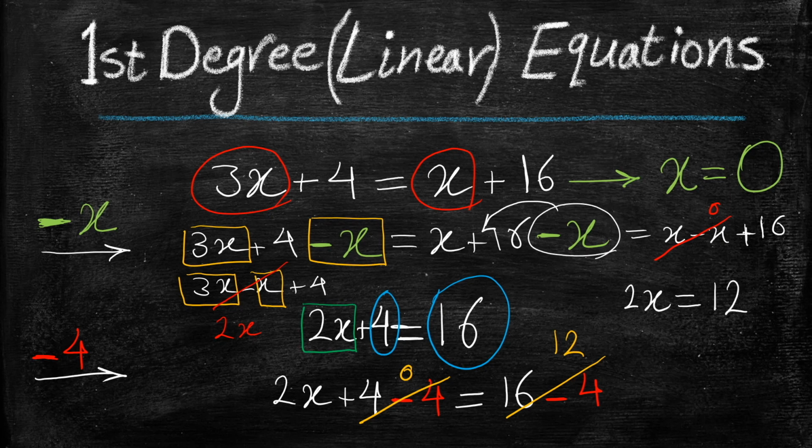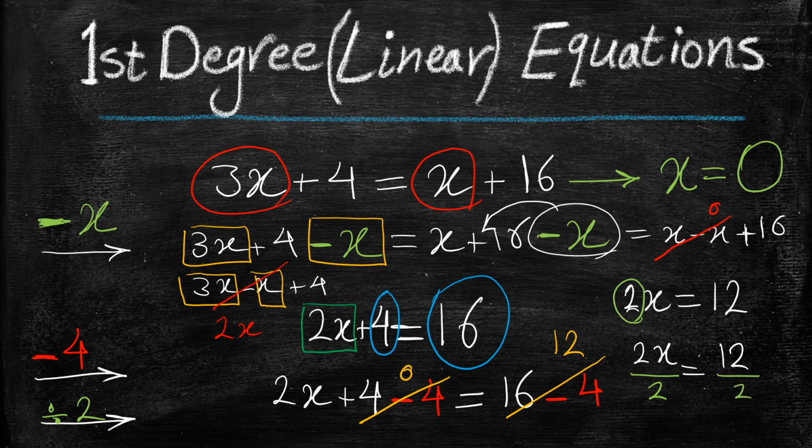Now in the final step we have 2 multiplies x equals 12. We still have not isolated x. So next we can divide both sides by 2 to get rid of this multiplication of x. So I say 2x divided by 2 equals 12 divided by 2.